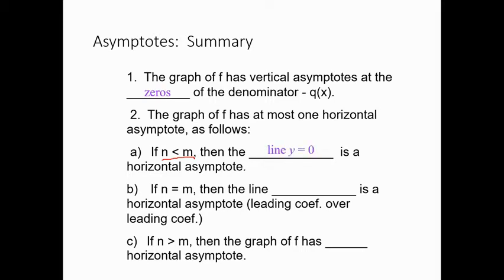That's right. Y is equal to 0. If your degrees are the same between your numerator and the denominator, we have, that's right, y is equal to a over b, the leading coefficient over the leading coefficient. And then if the degree is higher in the numerator than the denominator, we have no horizontal asymptote.